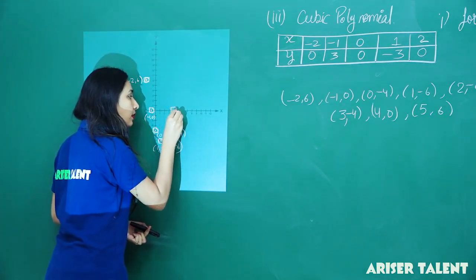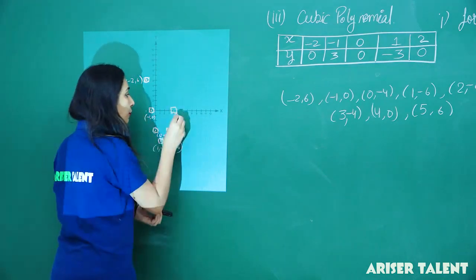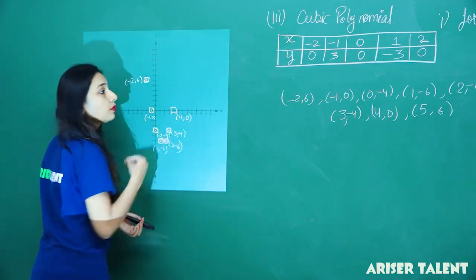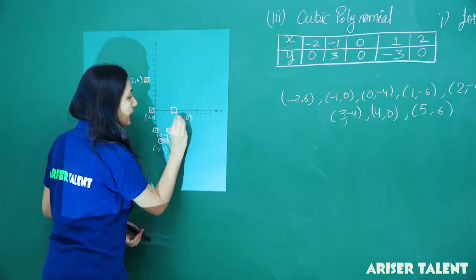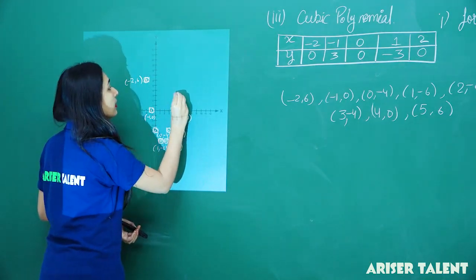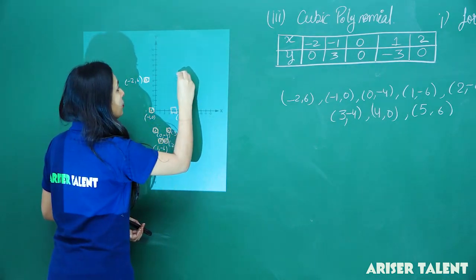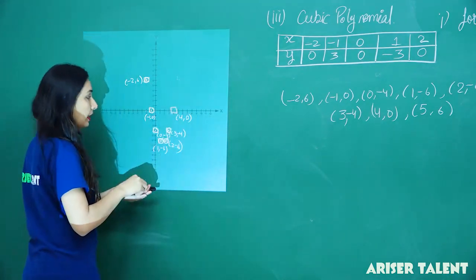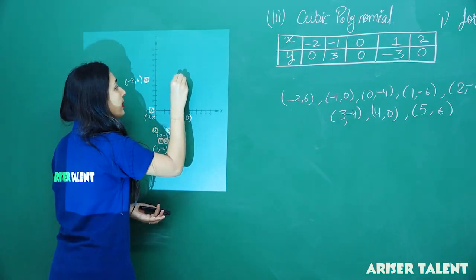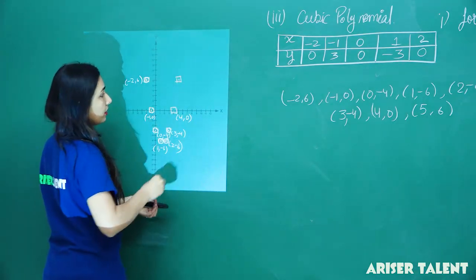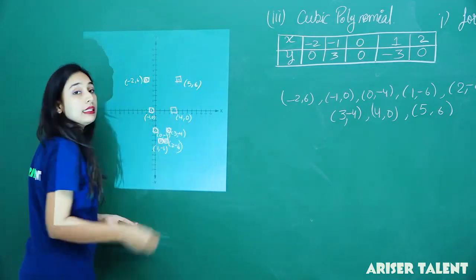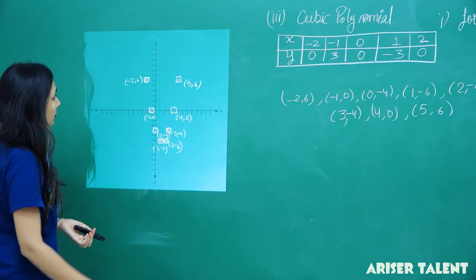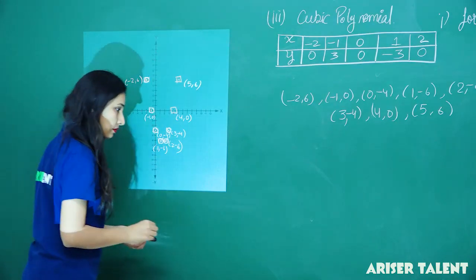So this will be 4 and 0. Now 5 and 6. Now 5 is here and 6 is here. So it will be here. That will be 5 and 6.